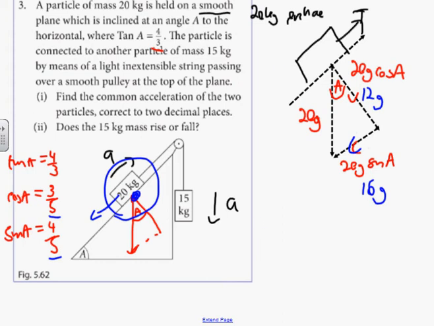So what we'll do next is I'll just do the formula for the 20 kilogram particle while I'm here. Now we've always used ma equals F. What way did we say the acceleration is going on this one? We said that it's getting dragged up while the 15 kilograms is being taken down. So what can we say next then?